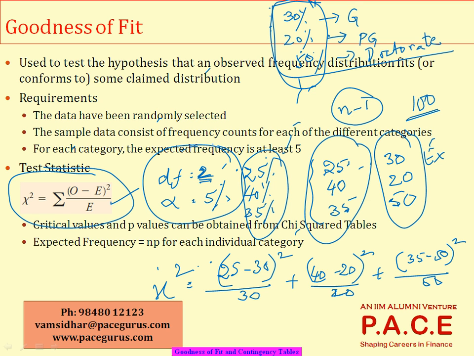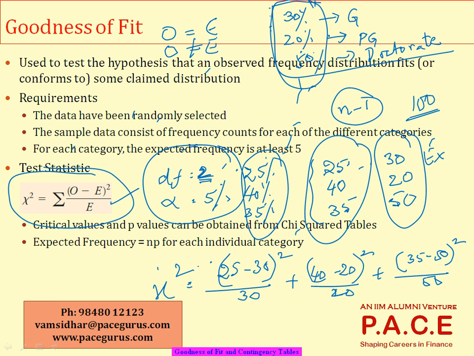And because we are testing the null hypothesis as uniformity between observed and expected, the alternative will always be that there is no uniformity, and we are talking about a two-tailed test, because the alternate hypothesis is a not-equal kind of statement. So I will check whether my computed chi-square statistic is lying within the critical region, and if it is, I will reject the null hypothesis and say the claim is not valid.